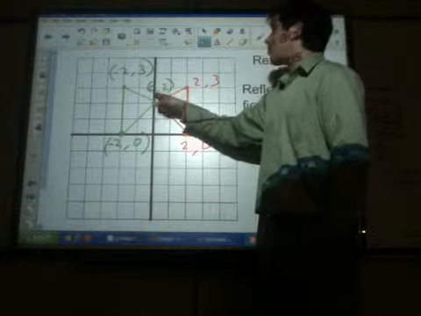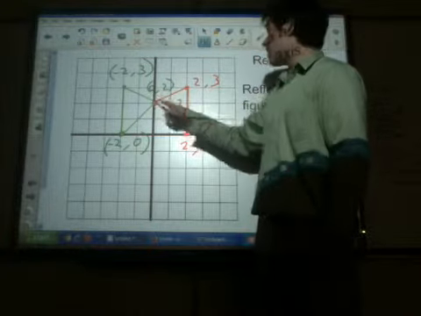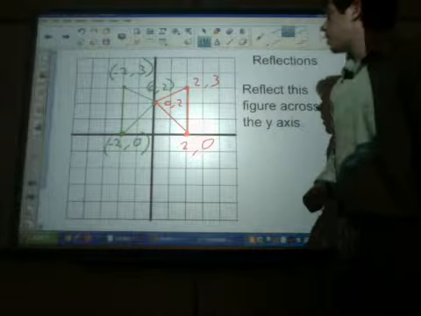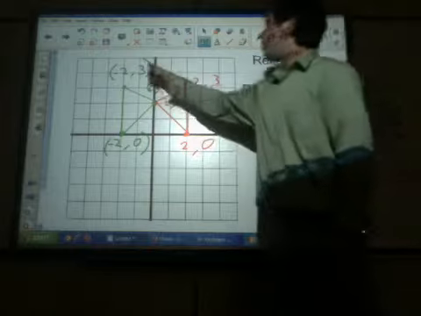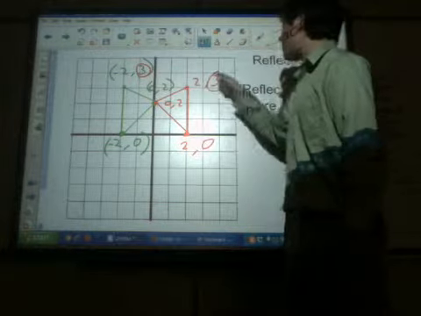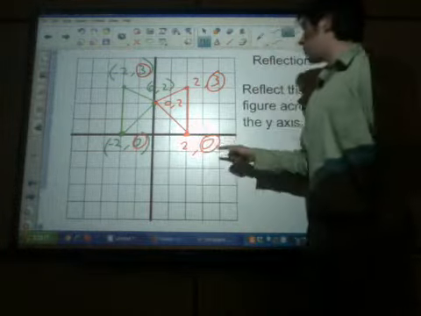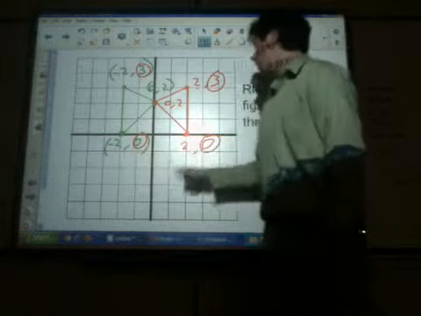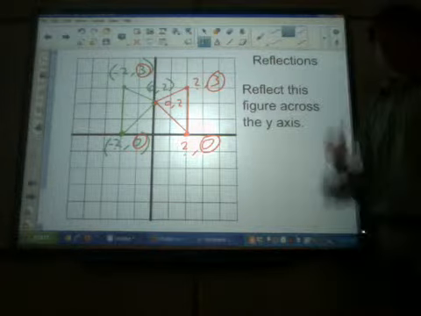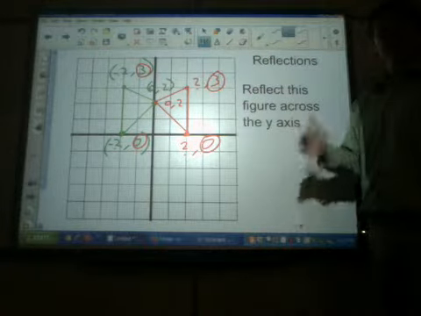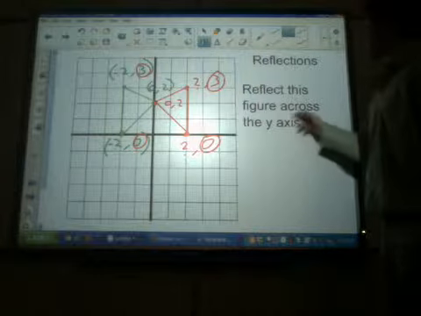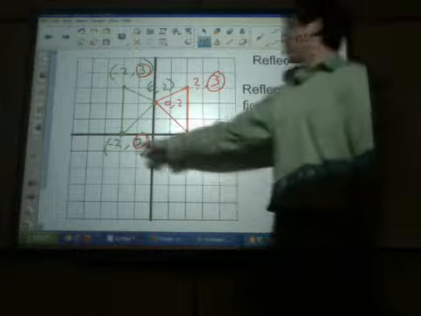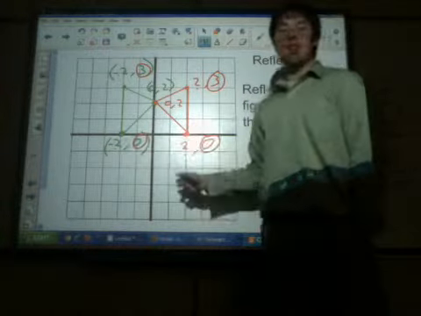We can kind of say that with 0 too. This was either positive or negative 0, and it changed to positive or negative 0. That doesn't matter because it's 0 either way. But we find out in the end that the y-coordinates stayed the same, and the x-coordinates changed from negative to positive. And that is definitely going to work every single time if you are reflecting something across the y-axis. So across the y-axis, you're just going to change the x-coordinates from positive to negative or from negative to positive.